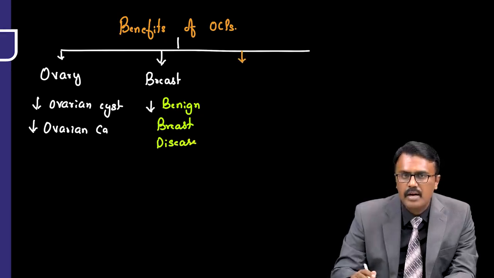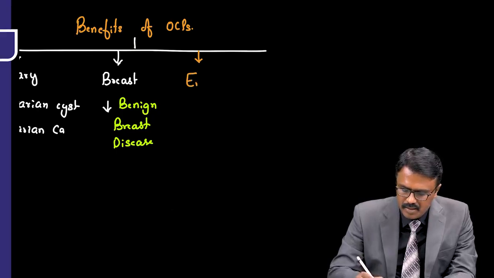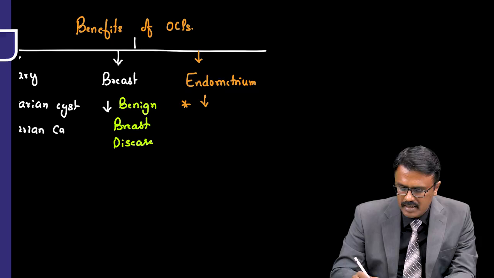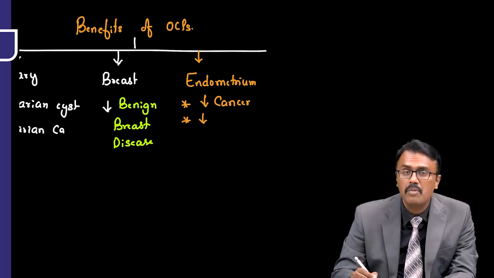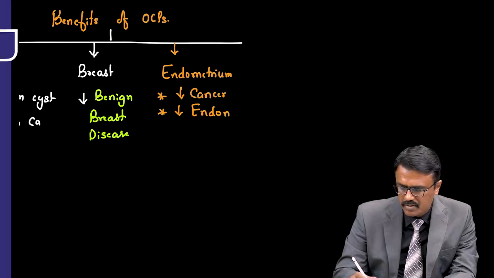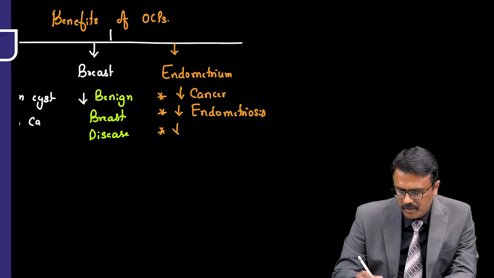What about the endometrium? In endometrium, it has shown to decrease the risk of endometrial cancer. It has shown to decrease the risk of endometriosis, and decrease the risk of fibroids.